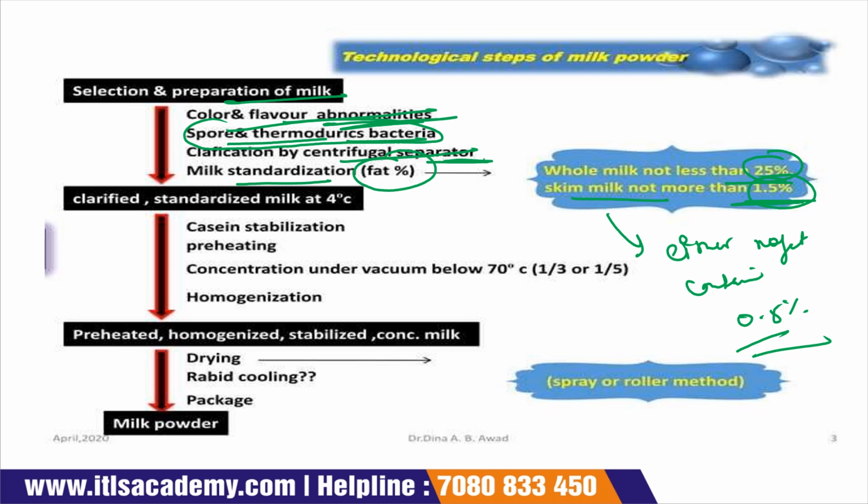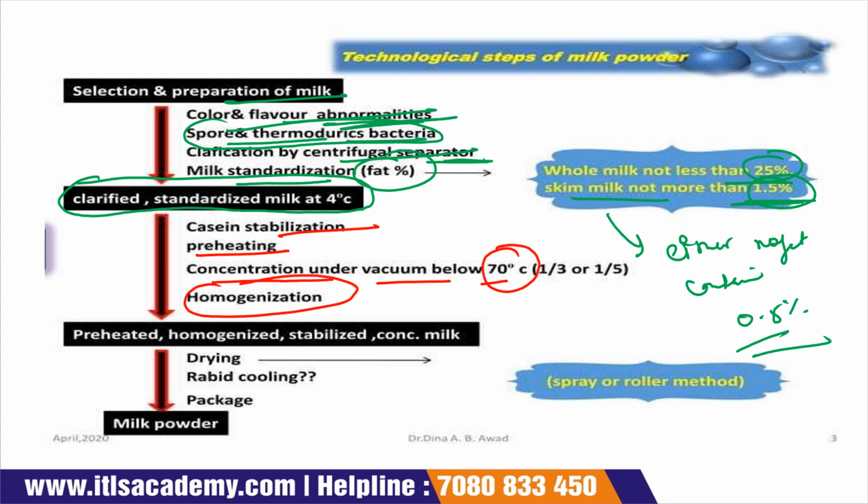Then the next step is clarified, standardized milk at 4 degrees Celsius. Then casein stabilization takes place, then preheating, then concentration under vacuum below 70 degrees Celsius.